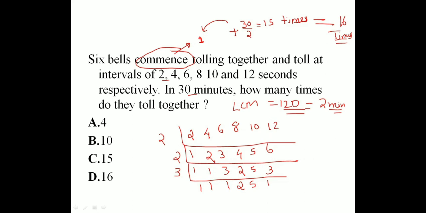So how to calculate this type of problem, 6 bells or 5 bells commence tolling together and toll at whatever intervals are given: take the LCM of that, and if it is in seconds, convert it to minutes and check how many times they will toll together again. But if at the starting time they all toll together, we have to add that one time to the count. So it is 15 plus 1, 16 times.